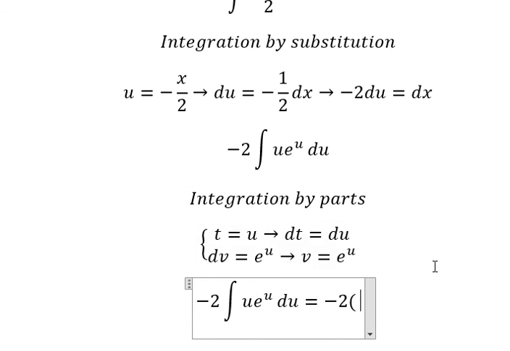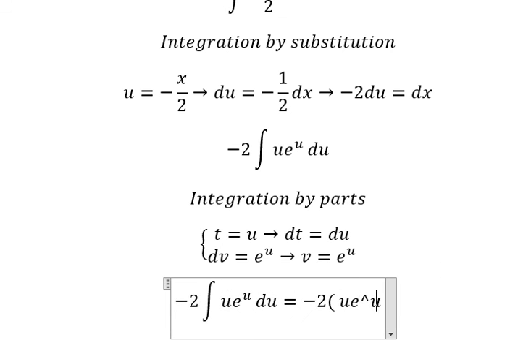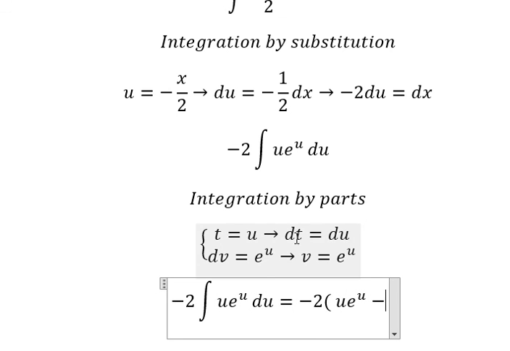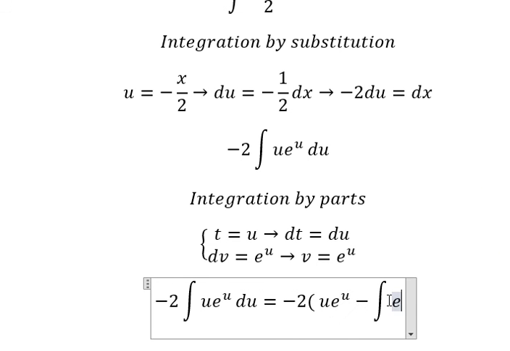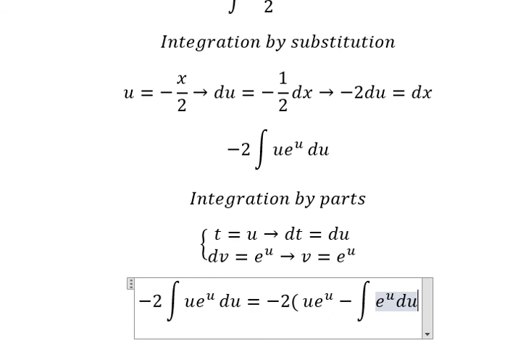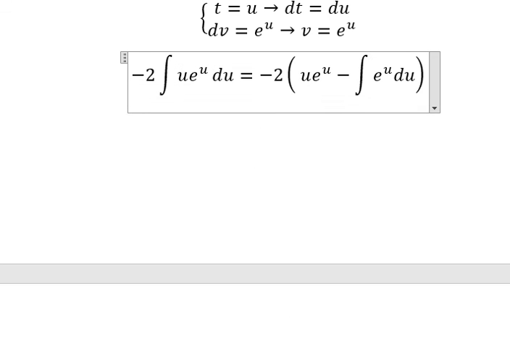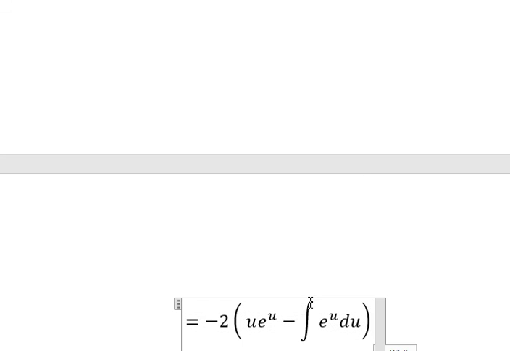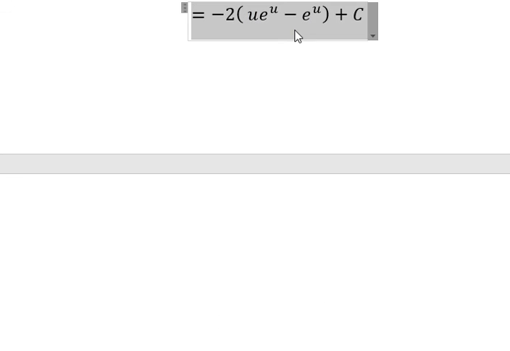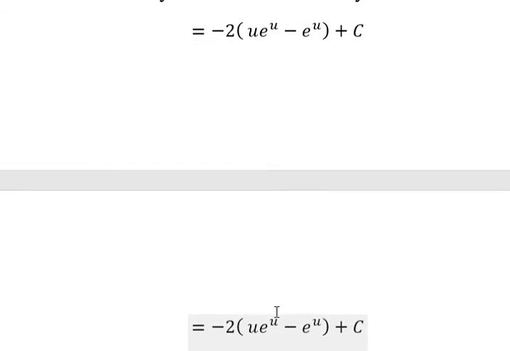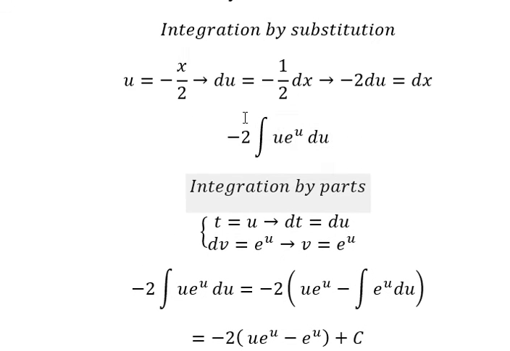T multiplied by v minus dt multiplied by v, and we have the integration of e to the power of u du. The integration of this one, we have e to the power of u, and we put c. About u, that's e about this one.